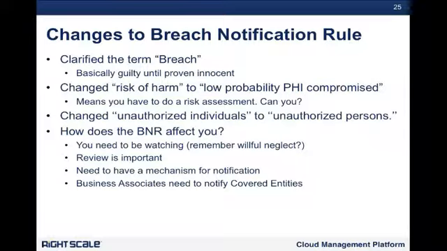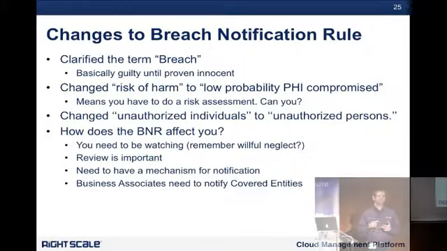It says, remember willful neglect. That's more for me. There's a term, and if you have a breach and you get fined, there are different categories of fining. The worst one, the one that will cause you the most pain, is if you were breached, you didn't fix it, and it was because of willful neglect.